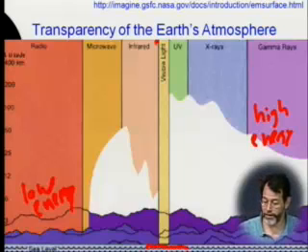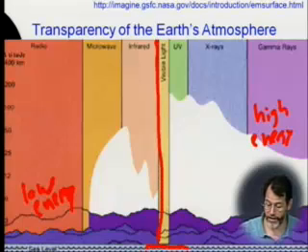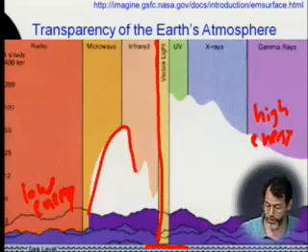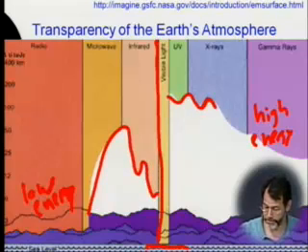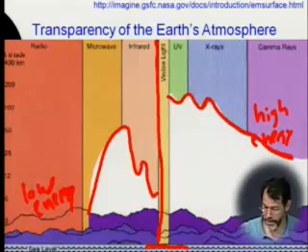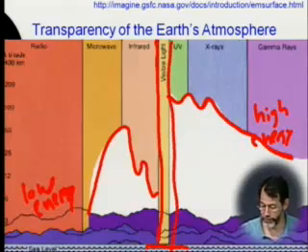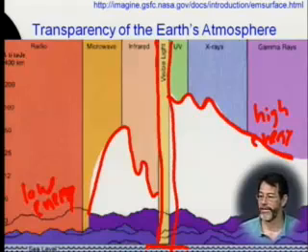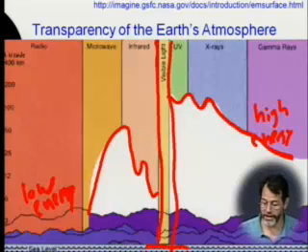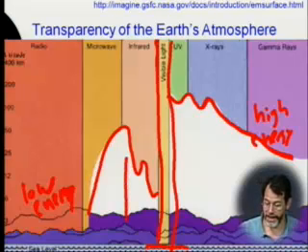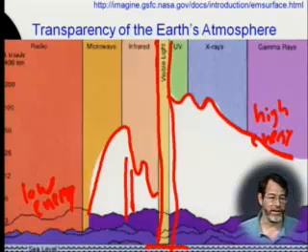So here's the visible spectrum. This is where things don't make it. So this is where most light is absorbed, right on this boundary here. So the visible light makes it through. And that's why our eyes can see visible light. Because the beings who were born seeing infrared light, it was kind of dark down here.